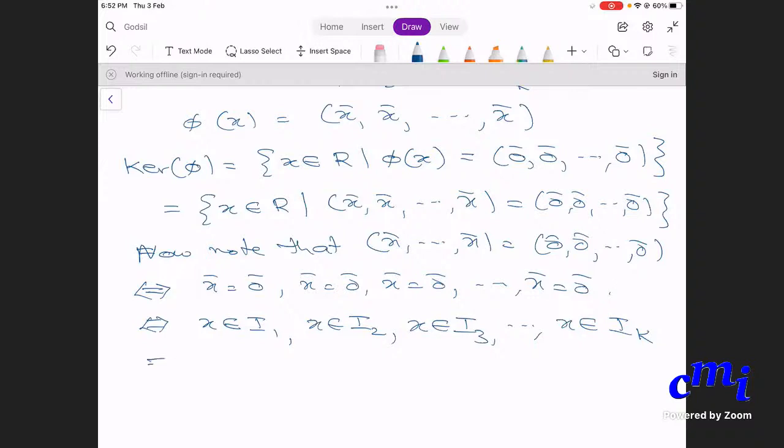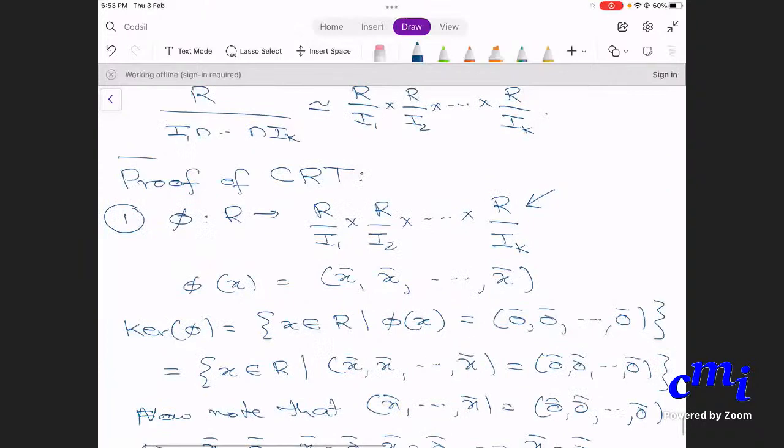And so, of course, this just means that x belongs to the intersection of I1, I2, I3, up through Ik. So that's it. That finishes the proof of the first part. The kernel of this ring homomorphism phi is the intersection of all the ideals I1 up to Ik.